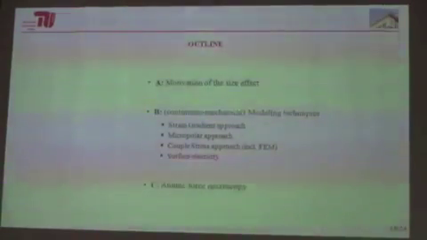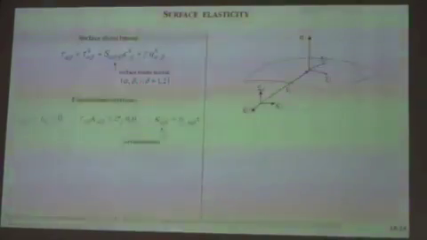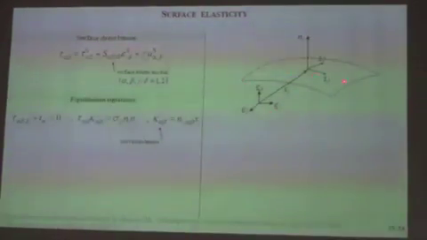So one slide for the surface elasticity. That is also a model to build up the size effect in beam bending. And there we use the surface stress tensor here with surface elastic moduli. Now everything's in 2D because we deal with a surface.